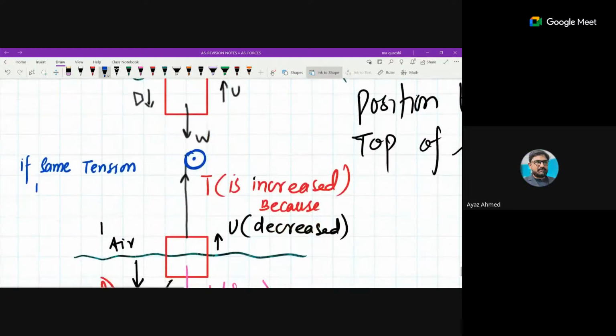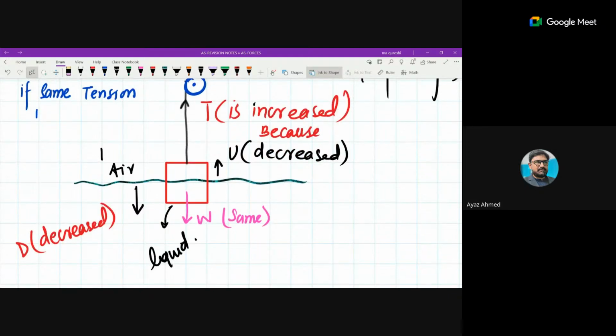Will this object move up or will it sink down? It will move up.